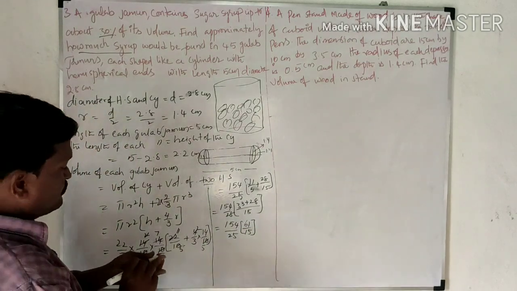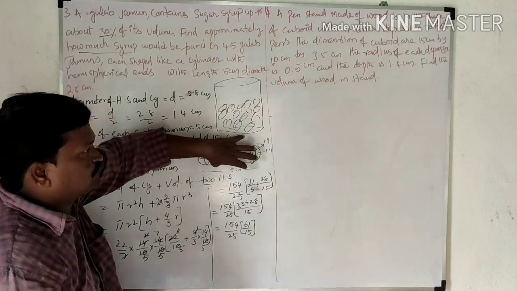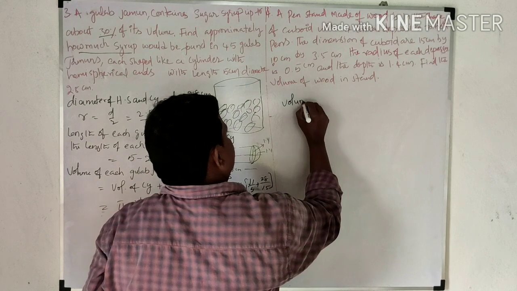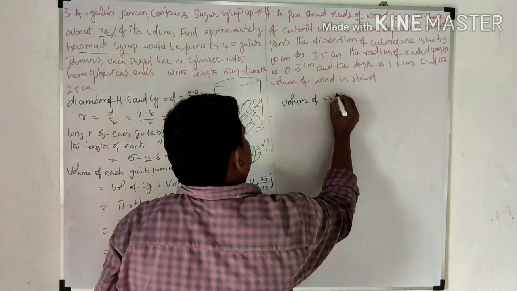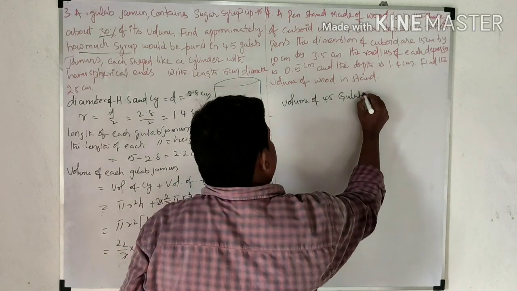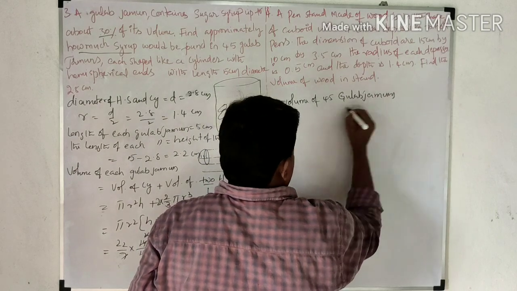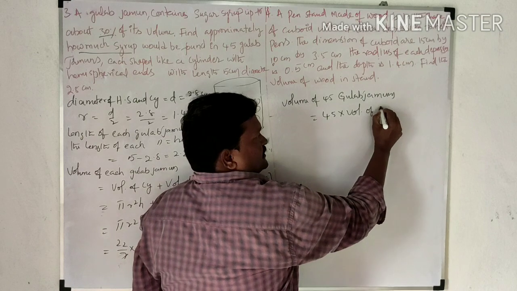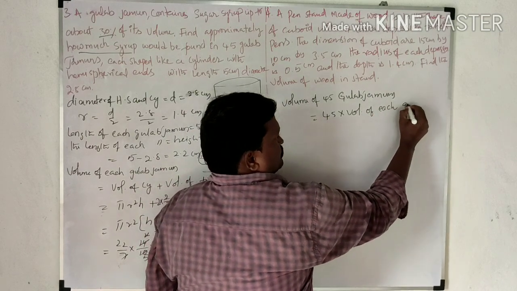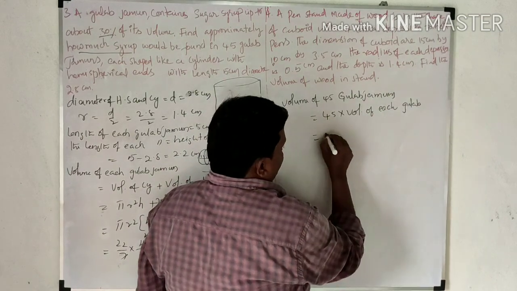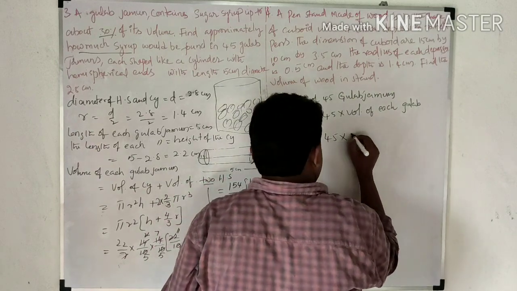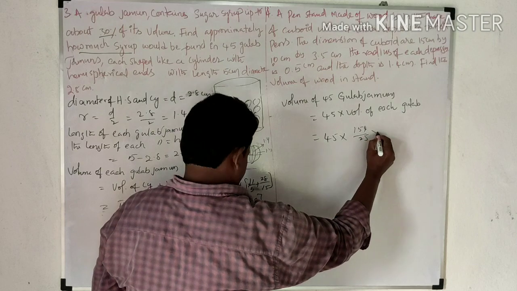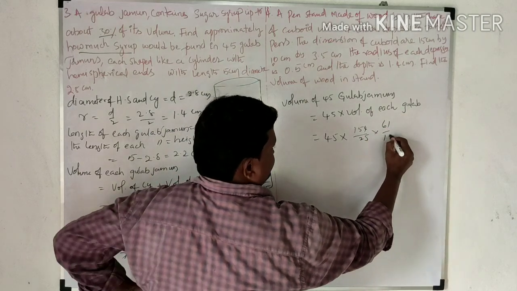Now how many of this type of gulab jamuns are there? 45. So the volume of 45 gulab jamuns is 45 into the volume of each gulab jamun, that is 45 into 154 by 25 into 61 by 15.